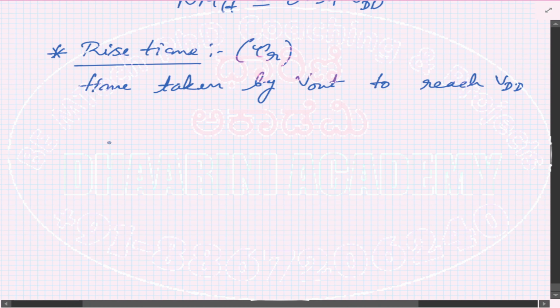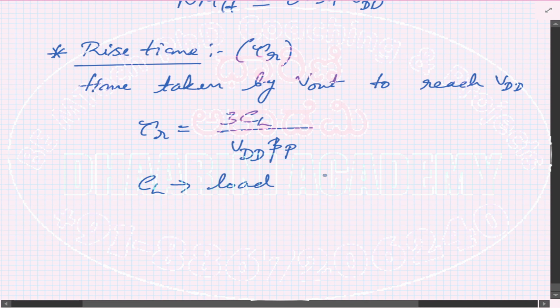This can be calculated as 3 times CL divided by VDD times beta P. Here VDD and beta values are known, only CL is not known. This is the load capacitance.